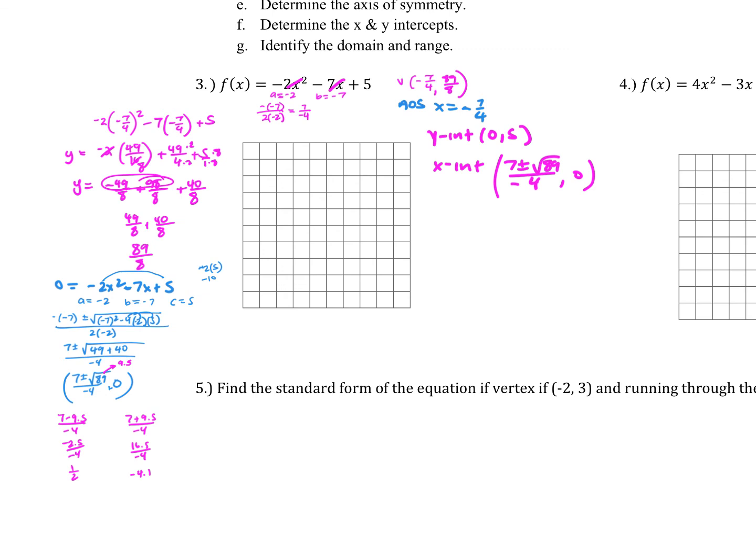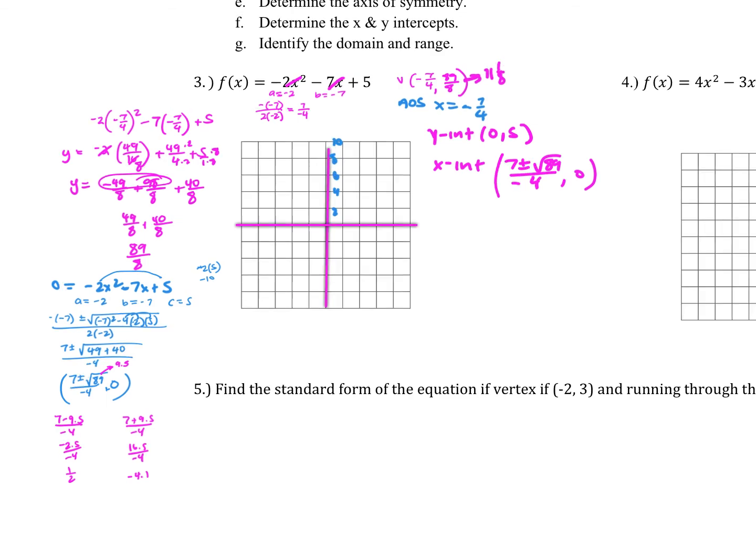So graph what we've got. This is 11 and 1/8, so I'm going to go by 2s again. 2, 4, 6, 8, 10.